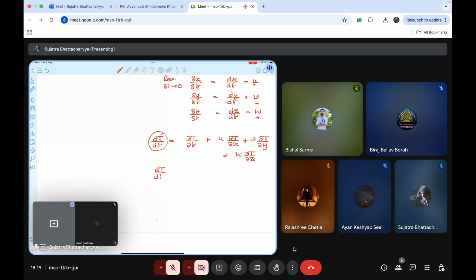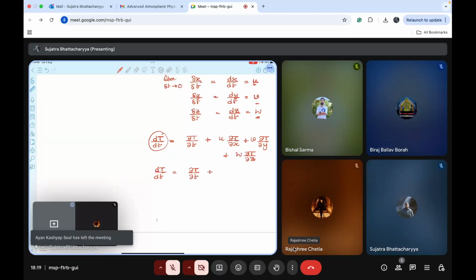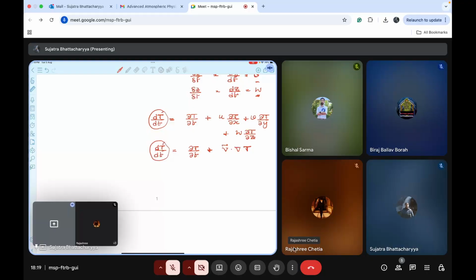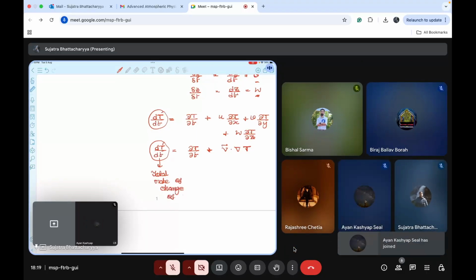So dT dt will be equal to, this can be called the local rate of change of T, plus, can we write this as V dot grad T? We can write this, because this is how the gradients and all things are defined. So this is the total rate of change of some quantity T, and this thing is called the local change, the local rate of change of T.